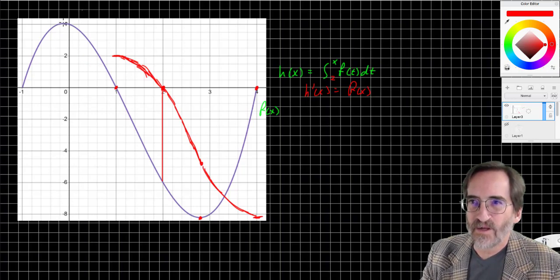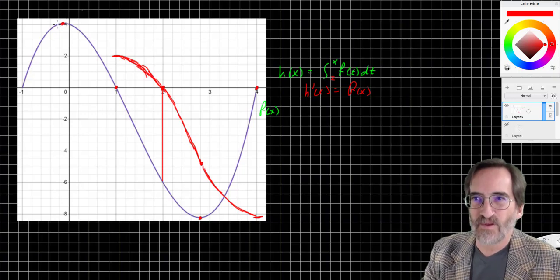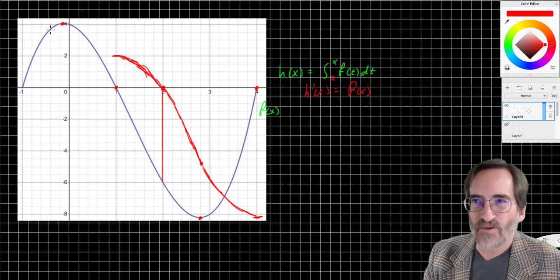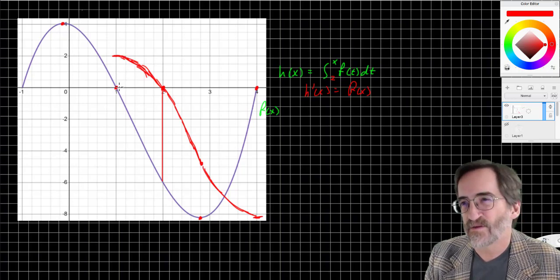Okay, now here, the second derivative is 0, right? The derivative of the derivative. And so that's an inflection point, right?